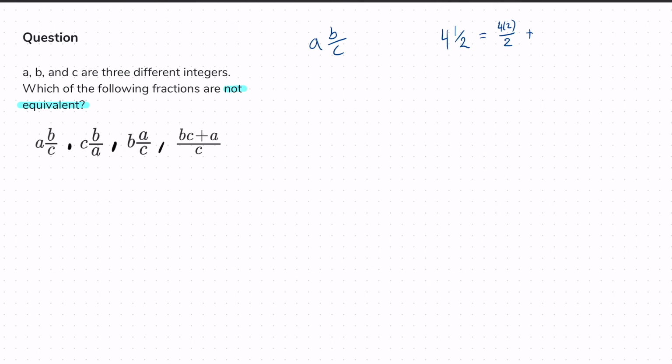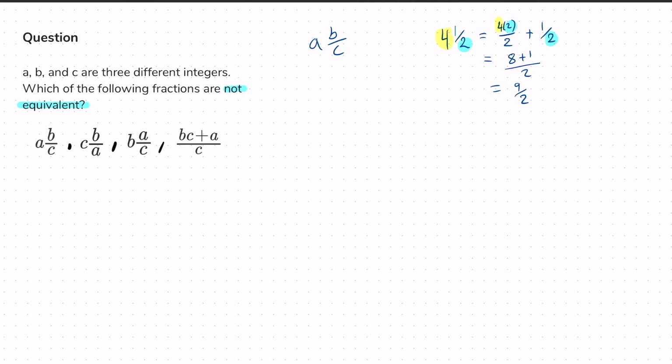And then plus 1 over 2, which gives me 8 plus 1 over 2, or 9 halves. And you see what I've done here is I've multiplied this term down here by this term here, and that's allowed me to see how many of that fraction I am adding in my improper fraction.